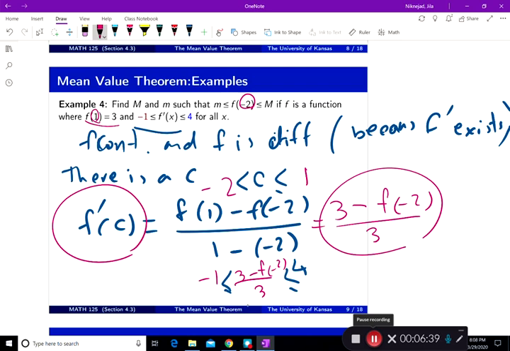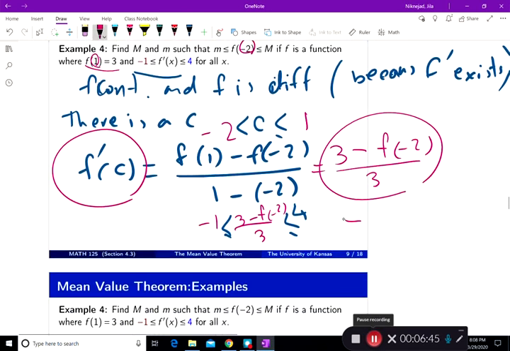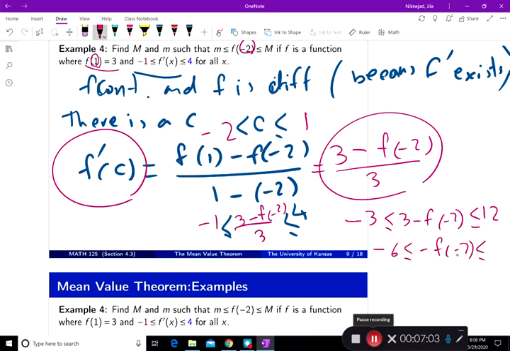Yeah, I can multiply both sides by 3, and then I end up with -3 is between 3 minus f of -2 and 12. Then I can subtract 3 from both sides, get -6, minus f of -2, and 9.